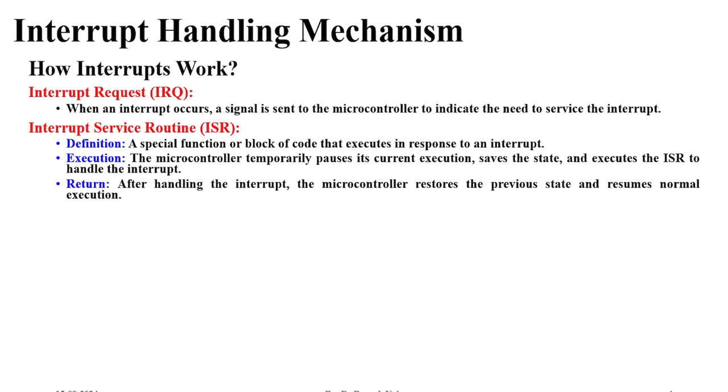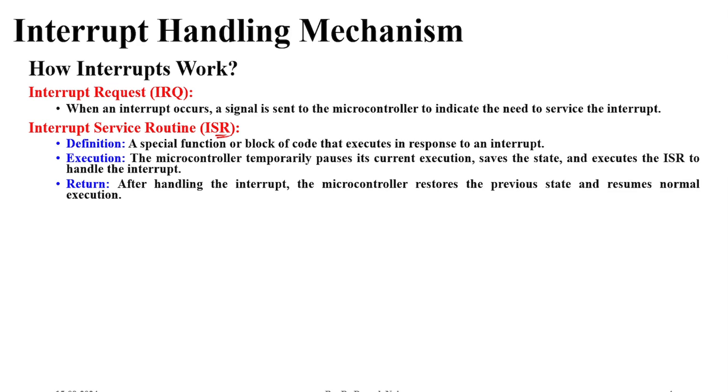We have a term called interrupt request, which is generated by the external hardware or even internal software. Whenever an interrupt request is generated, the microcontroller is indicated that a service has to be completed, and that service is the one written inside the interrupt service routine, which is basically a small program. So what are interrupt service routines?